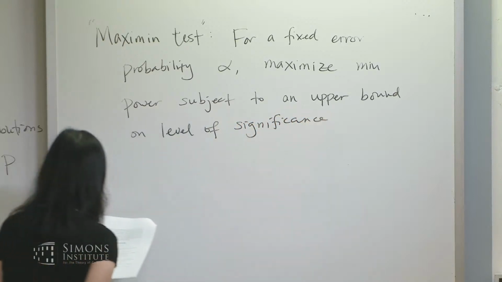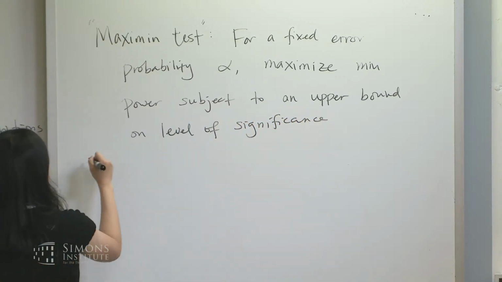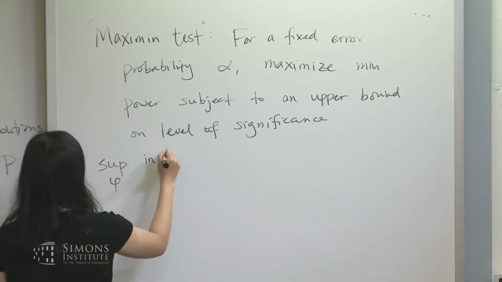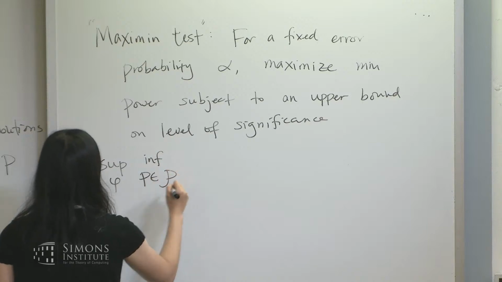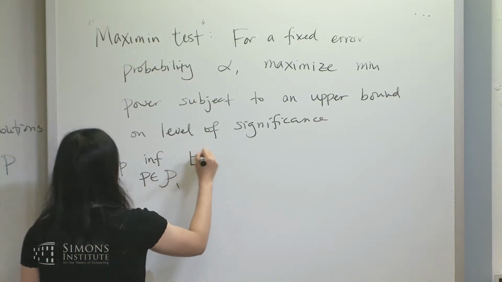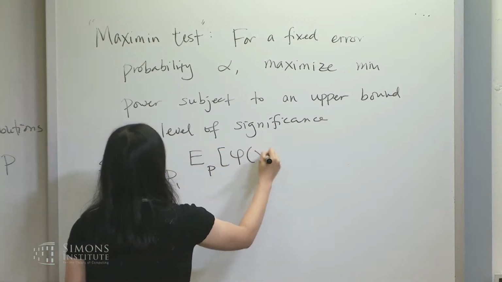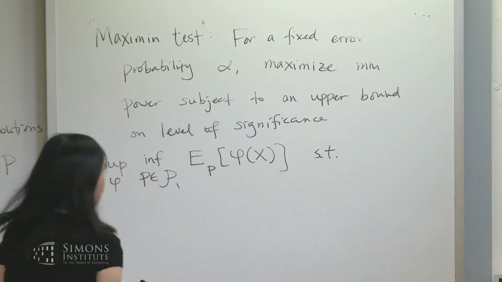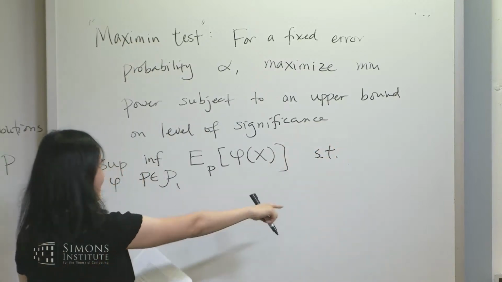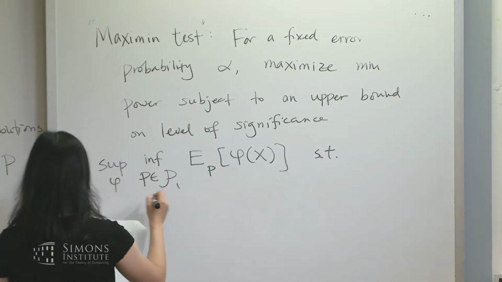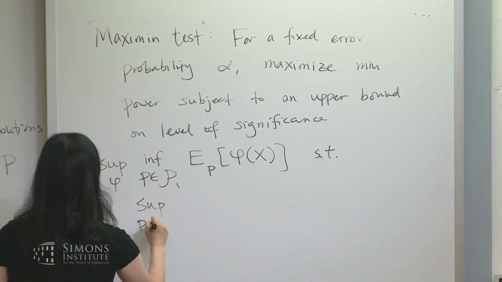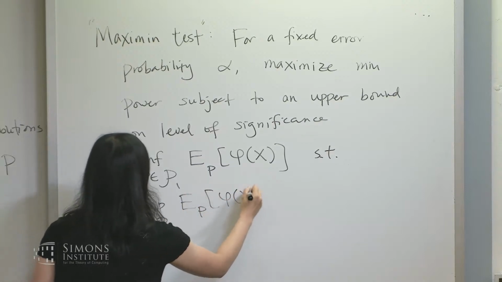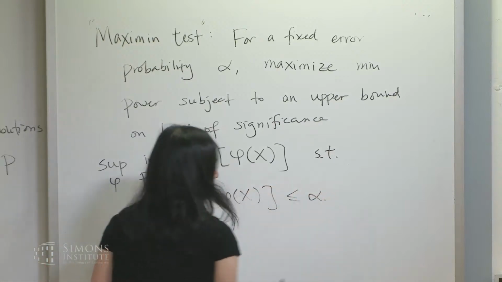In math, that means take a supremum over all tests phi, and infimum over P in the alternative class P1, of the expectation under P of phi of x, such that the supremum over P in P0 of the expectation under P of phi of x is less than or equal to alpha.